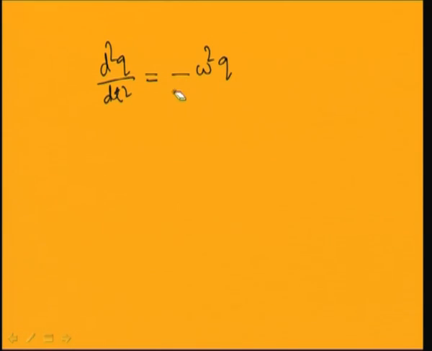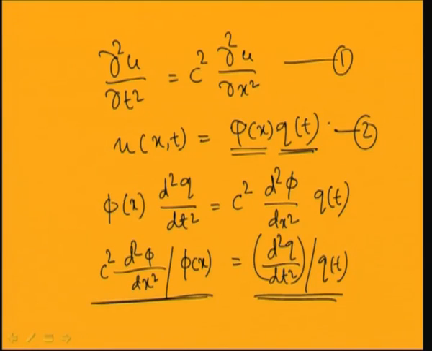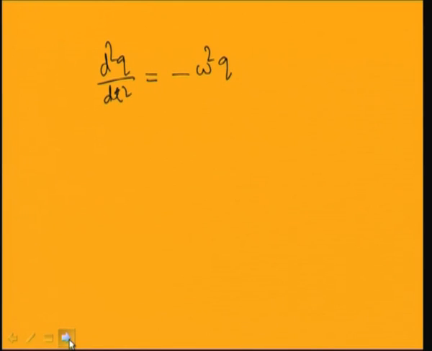This is due to the fact that d square q can be represented as the acceleration term and q as the displacement term, as the acceleration is proportional to displacement. So, this is the case of a simple harmonic motion, and if you are considering stable solution or stable response of the system, then it should be minus omega square.